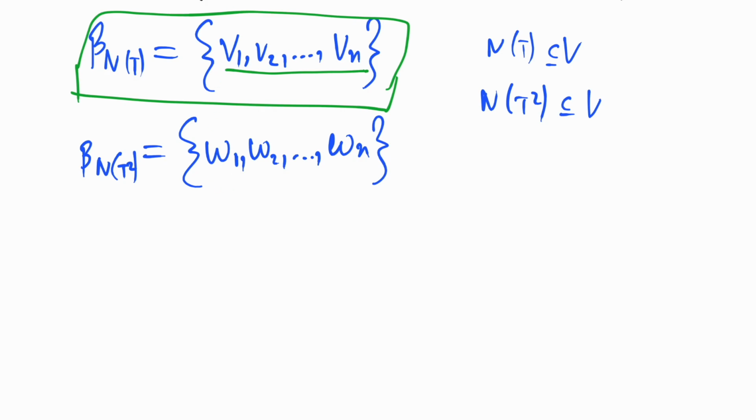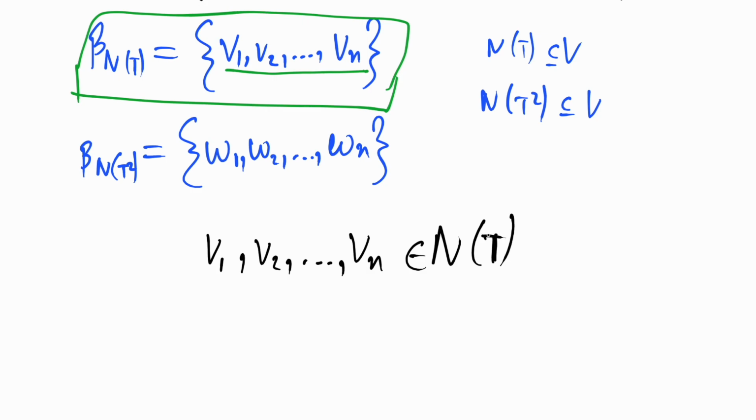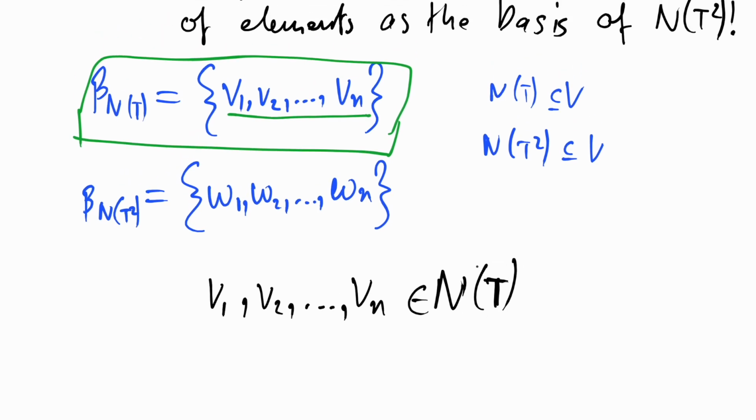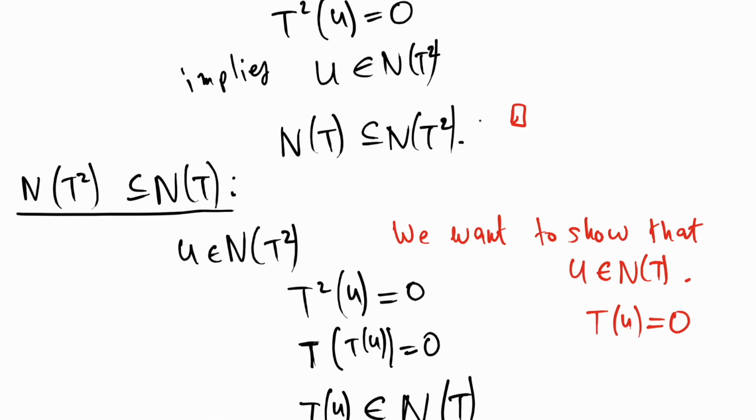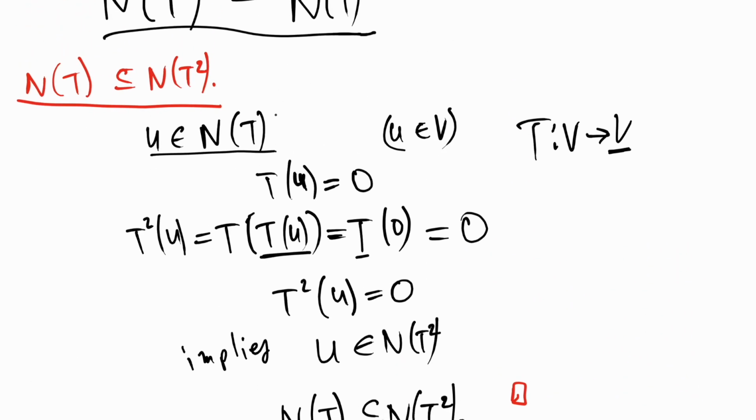So V1, V2, all of these elements are in the null space of T. We've already established, somewhere here, that the null space of T is a subset of the null space of T squared.